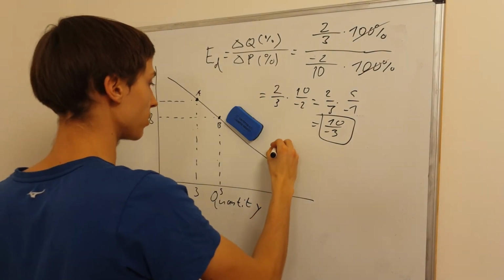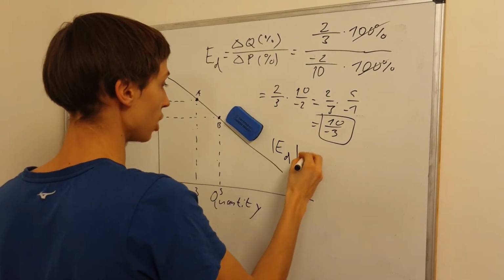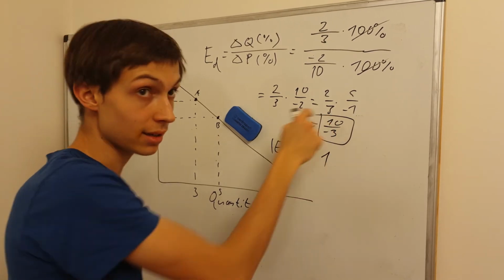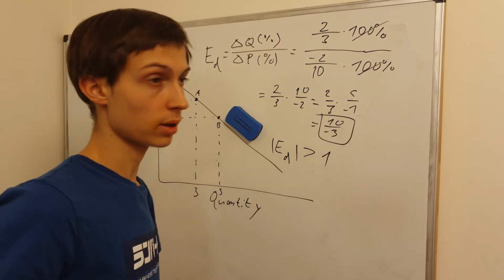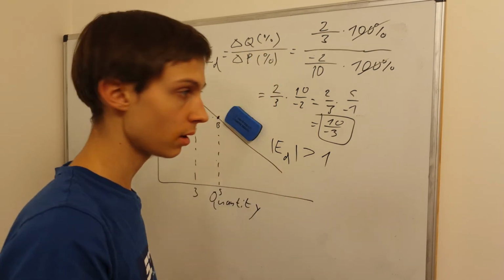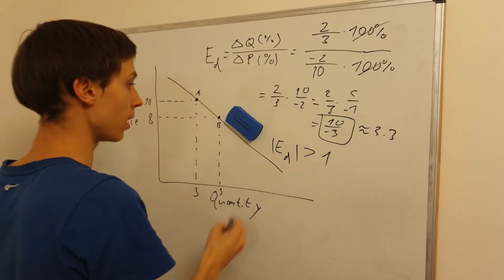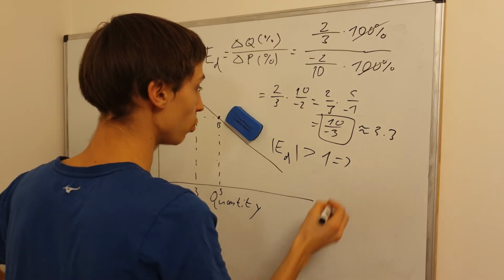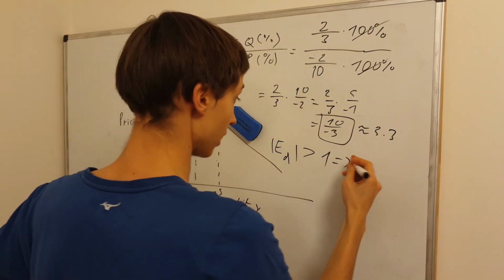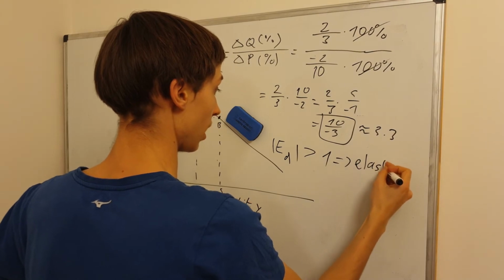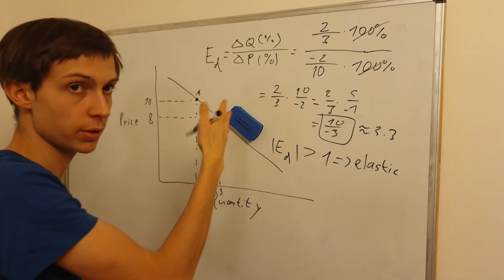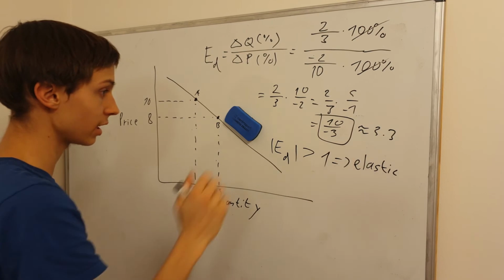If we get the absolute value of ED to be bigger than 1, which this case is exactly, as this is approximately 3.3, then we call this an elastic good.